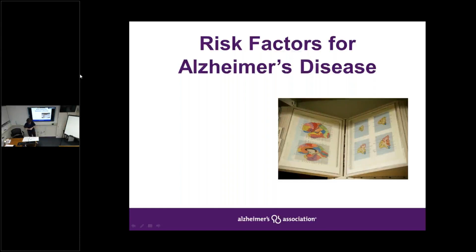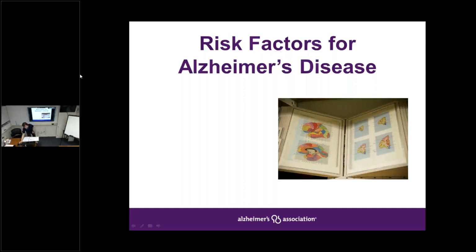So researchers are still trying to figure out the underlying cause for these plaques and tangles. One thing we do know is that even a normal brain has a little bit of plaque, a little bit of amyloid building up, but we have this gone haywire in somebody with Alzheimer's disease. We now know that in somebody with Alzheimer's disease, these plaques are building up beyond normal as much as 20 years before we'll see any symptoms at all.